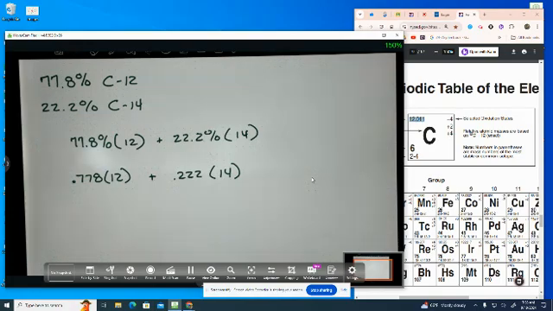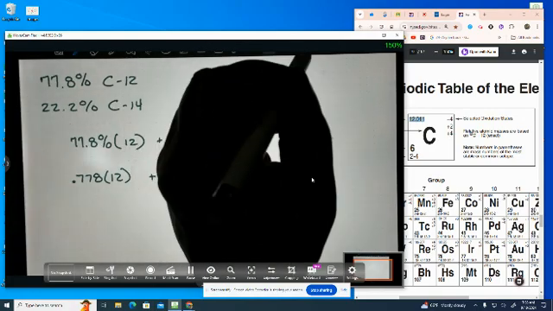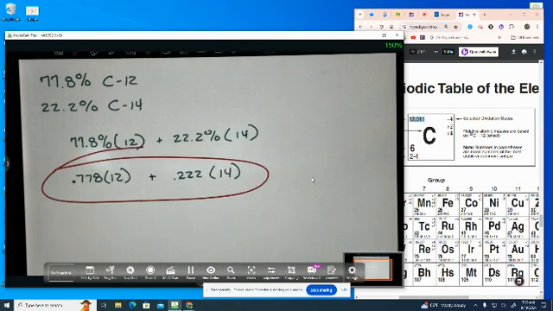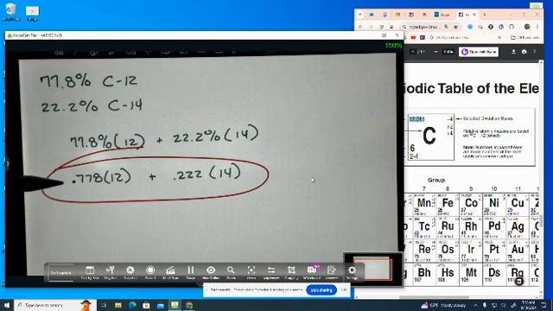Now stop right there and everybody's eyeballs look up here. This is 99.9% of the time what the Regents is going to ask you to write down. Right here, this. Okay? If it is a short answer question, they will say, show the correct numerical setup, which means they are looking for this.